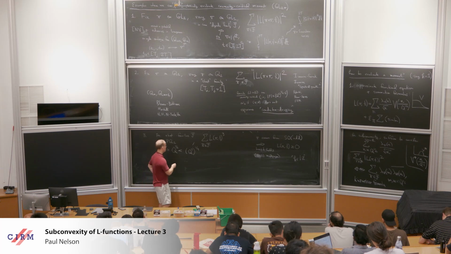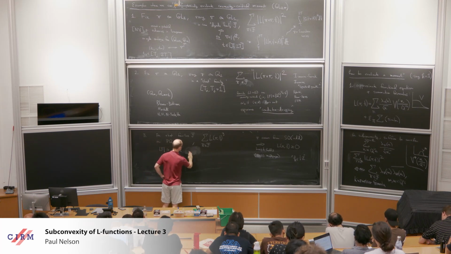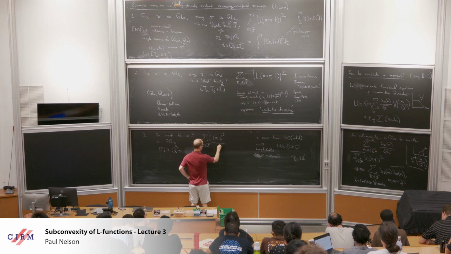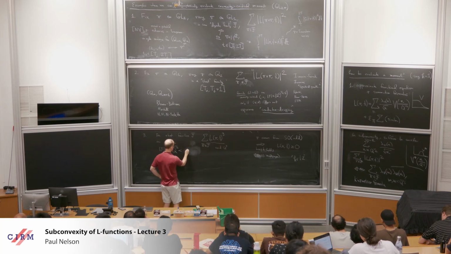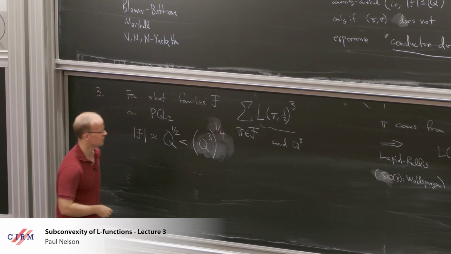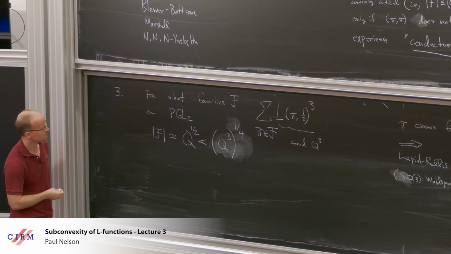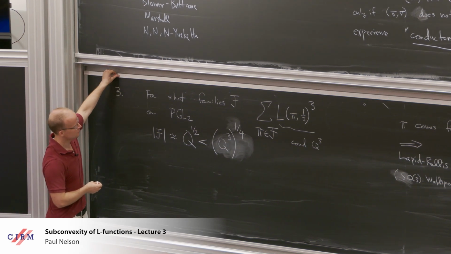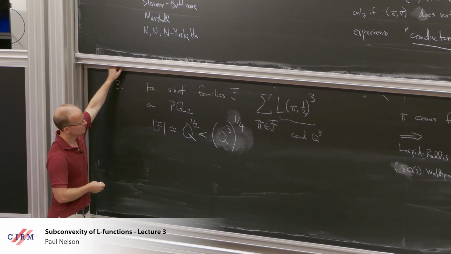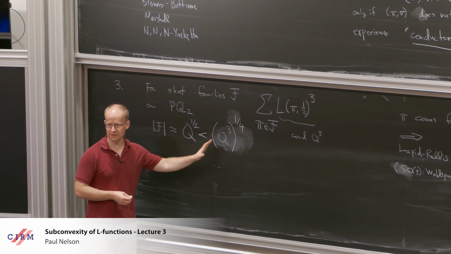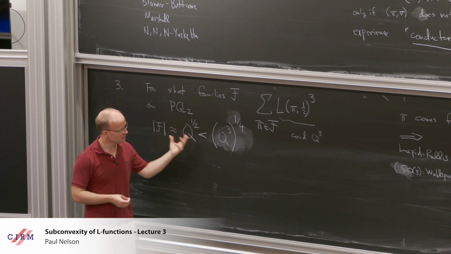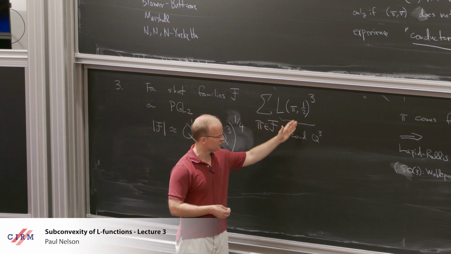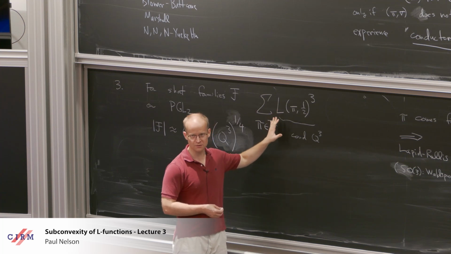Yeah. So then this of course has total conductor q cubed, and so q to the half is smaller than the fourth root of that total conductor, q to the 3/4. So you're actually in a situation where you're well beyond the edge case for these family size and conductor, and you're going to prove without introducing an amplifier a strong subconvex bound.